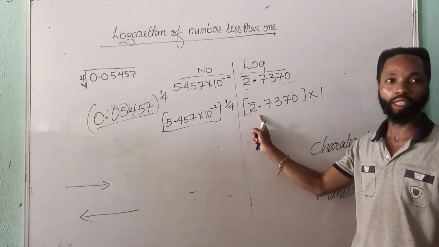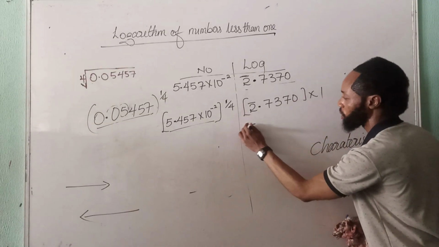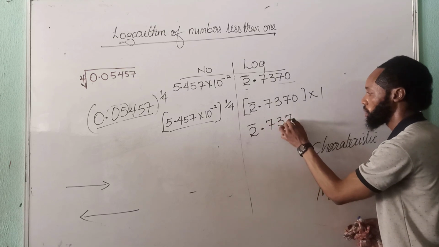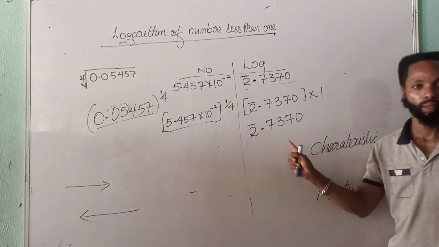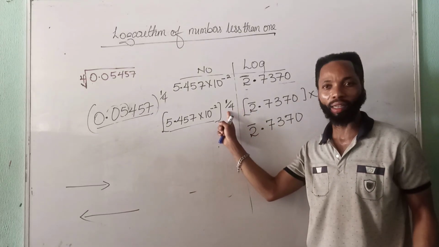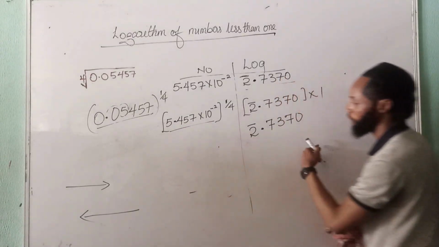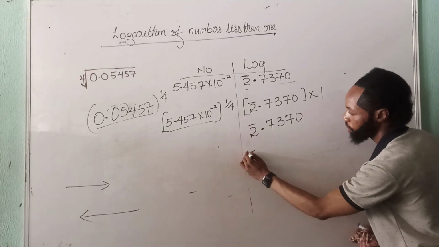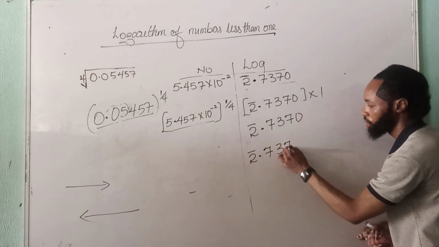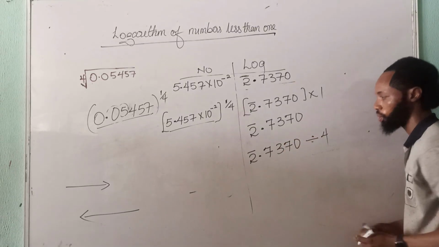If we multiply by 1, it won't change anything. So multiply by 1, we'll still get bar 2.7370. Now, the next entry we'll be looking at is divided by 4. This same entry was divided by 4. So we'll have bar 2.7370 divided by 4.